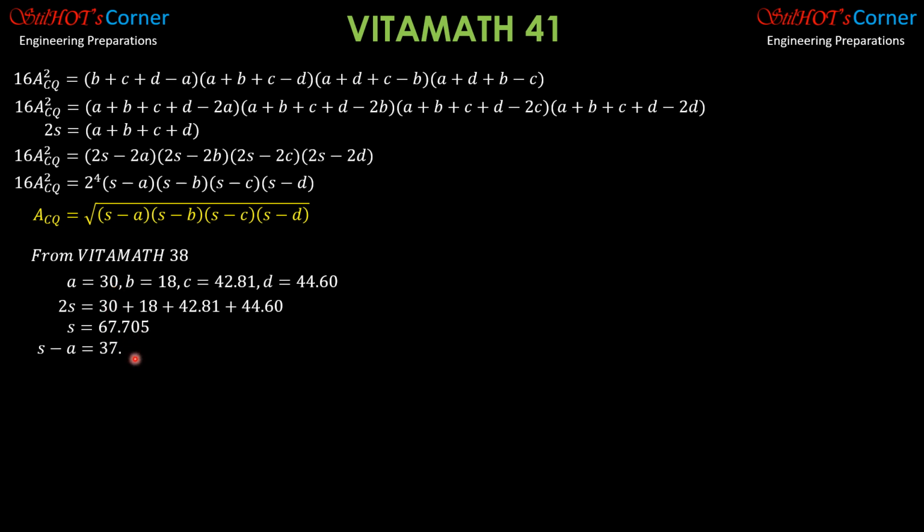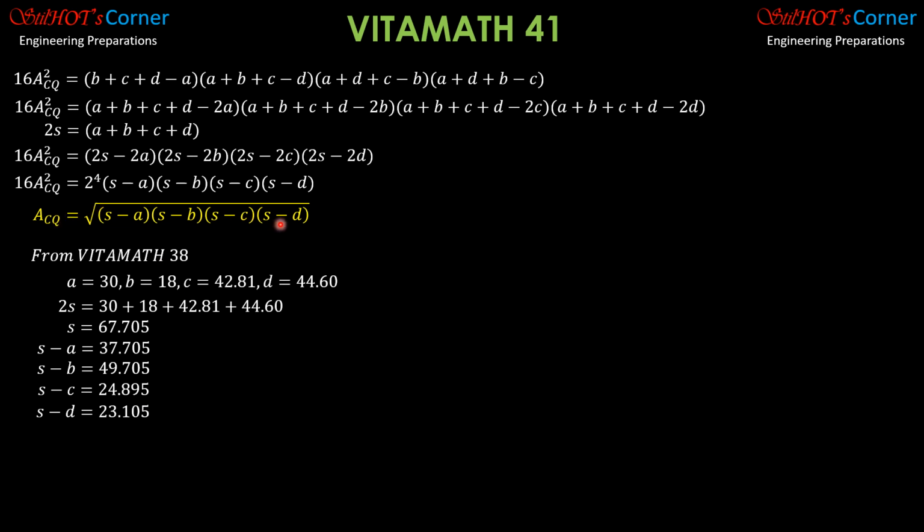So S minus A is 37.705. S minus B, 67.705 minus 18, 49.705. S minus C, 67.705 minus 42.81 is 24.895 units. And S minus D, 67.705 minus 44.6 is 23.105.